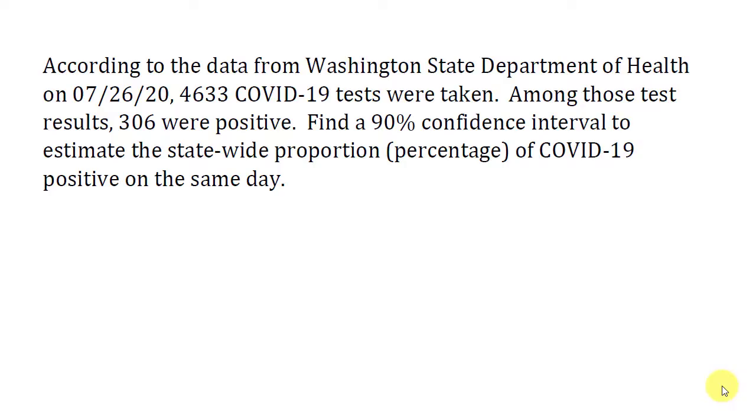And now we are going to start by looking at the following example. So let's have some time reading through the description of our example here. According to the data from Washington State Department of Health on July 26, 2020, 4,633 COVID-19 tests were taken, and among those test results, 306 were positive.